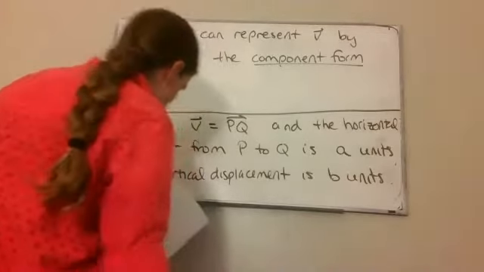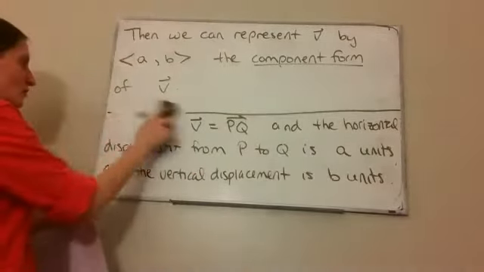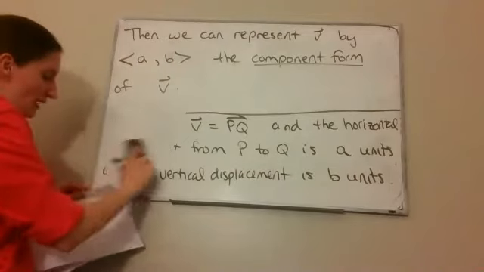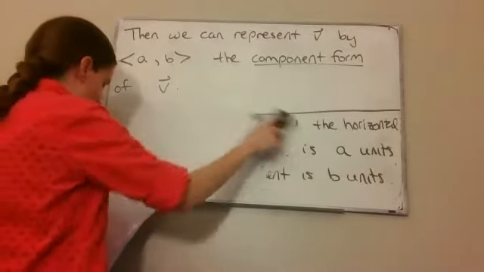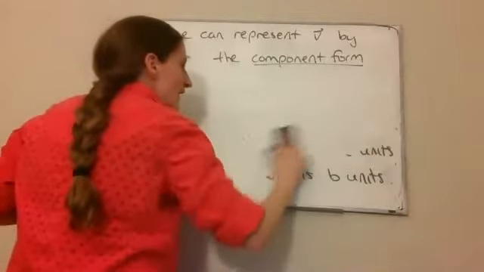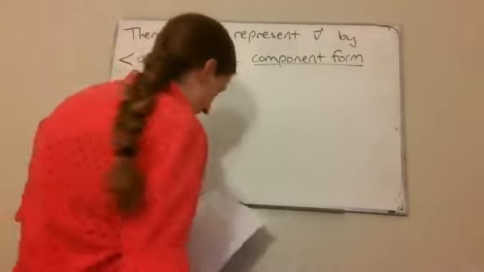And this describes the way the vector is moving from the initial point to the terminal point. So if we are to sketch a vector with its initial point at 0, 0, then we say it's in standard position.